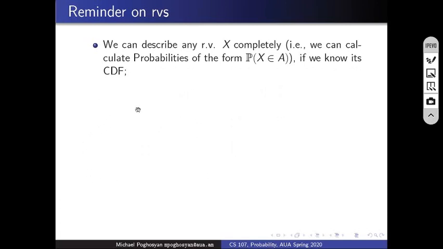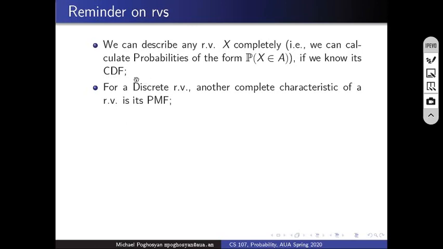Okay, and we have learned that we can describe any random variable completely, in the sense that we can calculate all these kinds of probabilities, if we know the CDF, cumulative distribution function, of that x. Also, we have learned that if we are dealing with a discrete random variable, then we can describe it also by using its PMF, probability mass function. We can calculate all these probabilities if we have the PMF for discrete random variables.